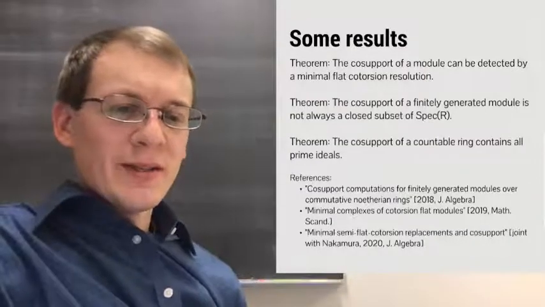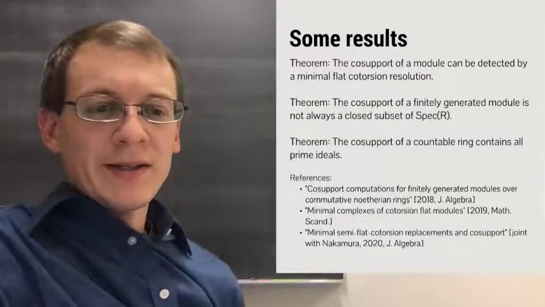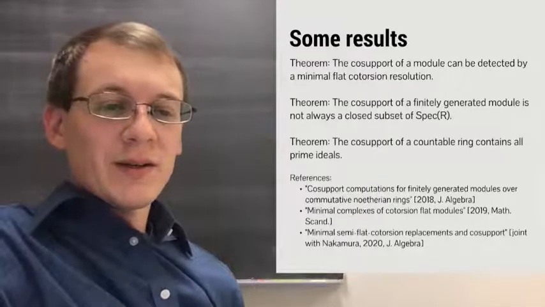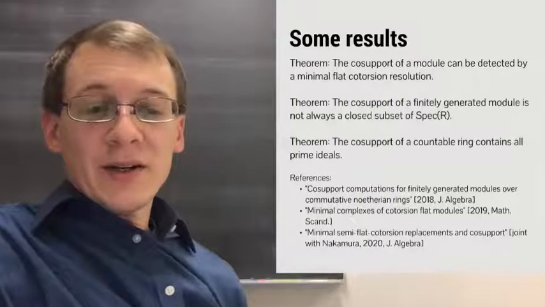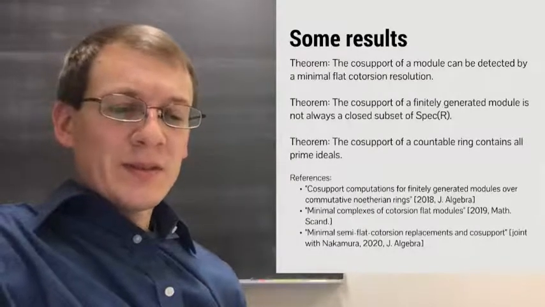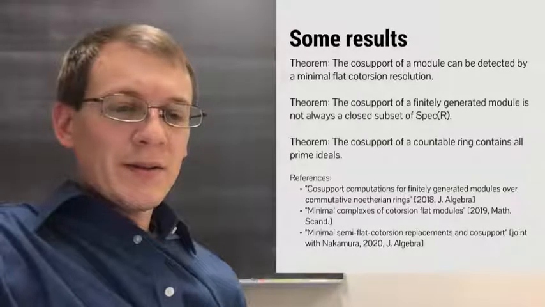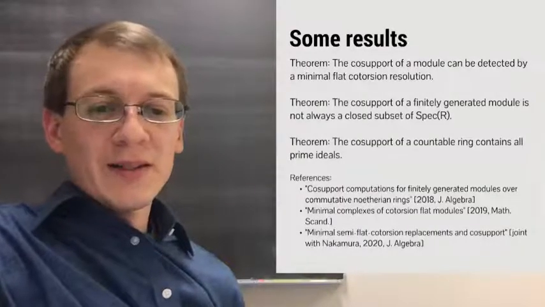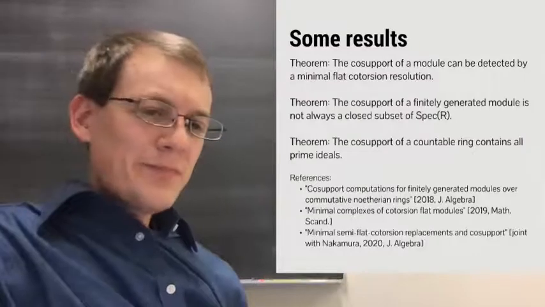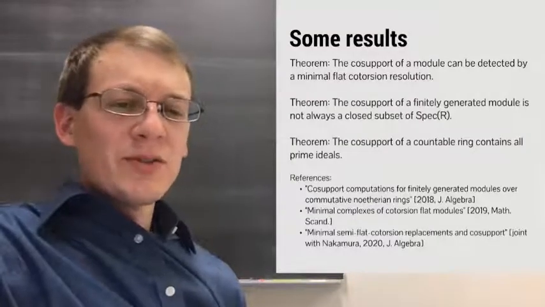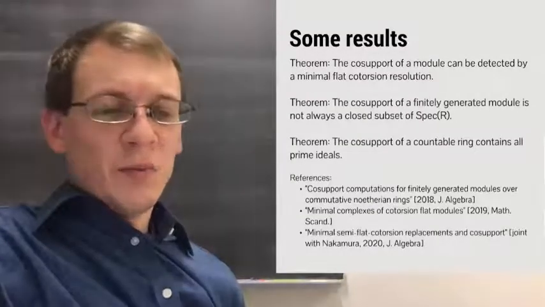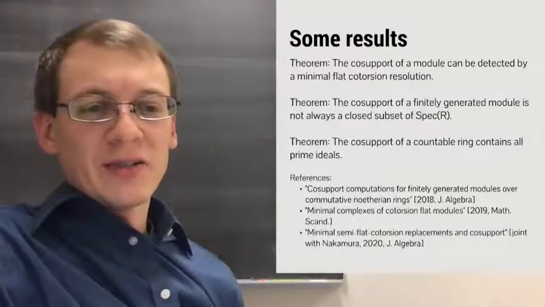I've also shown that the cosupport of a finitely generated module need not always be a closed subset of Spec R, and also that the cosupport of a countable ring contains all prime ideals. These are, in some sense, partial results, and there are a lot of open questions still in this direction.